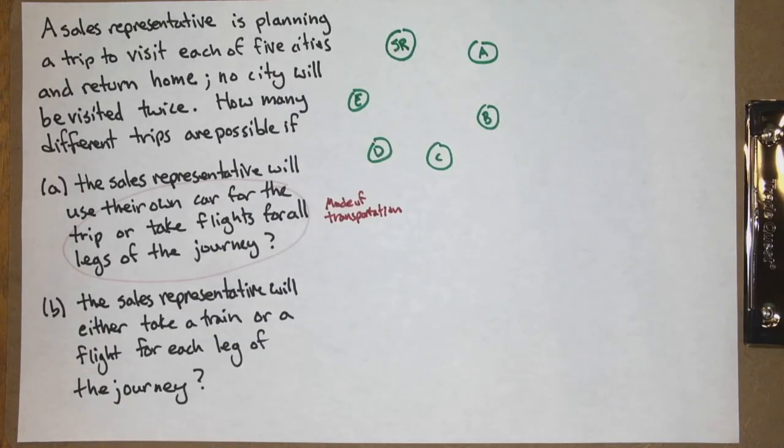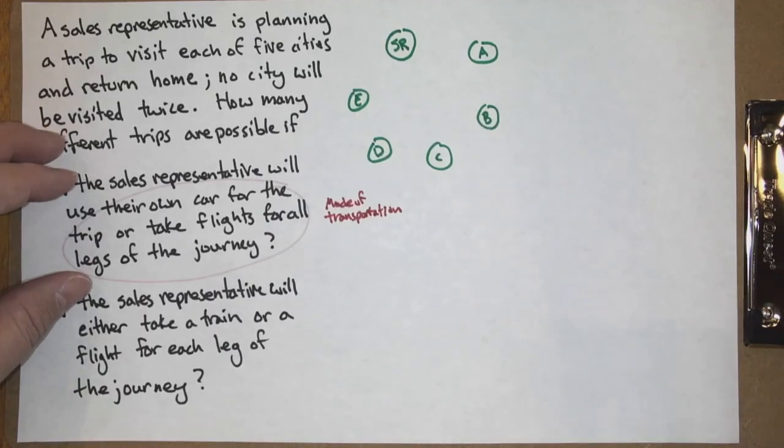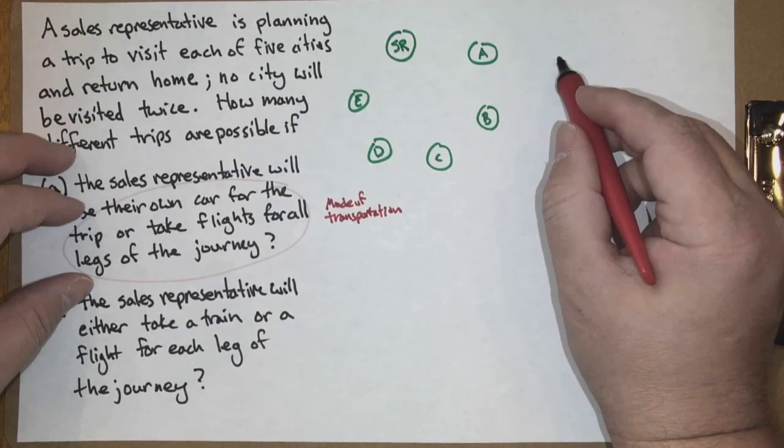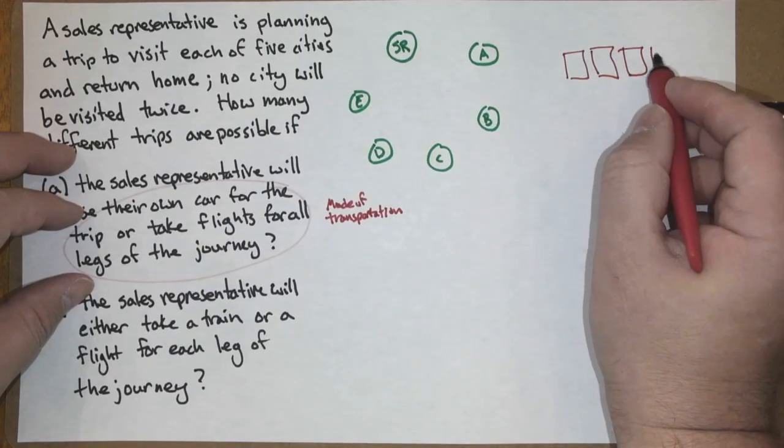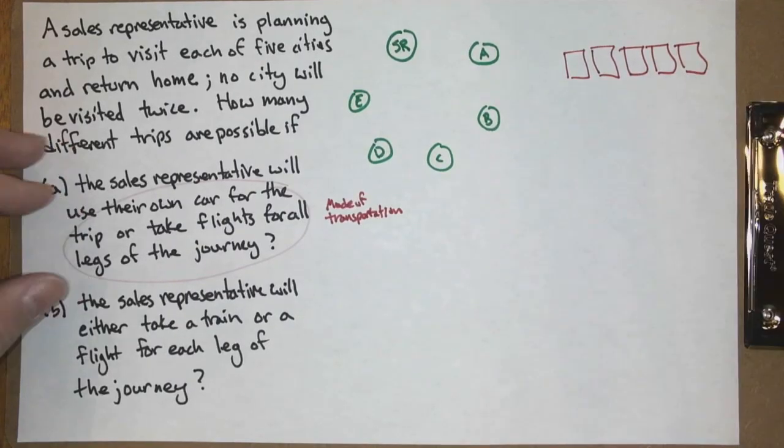All right, so let's talk about the order of the cities. So we see that there are 5 cities they're going to visit, then they're going to return home. So we can think of filling in like, okay, my itinerary is I have 5 slots. I'm going to put a city in each slot. So if we're building up this itinerary, we can do it from, say, left to right.